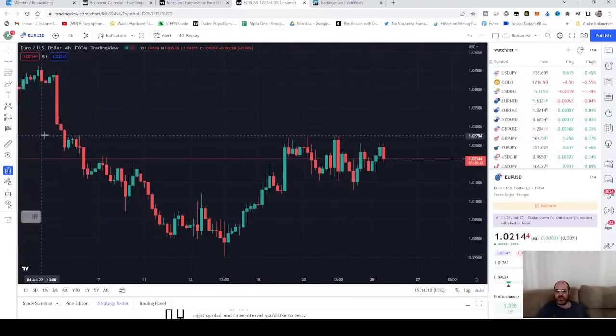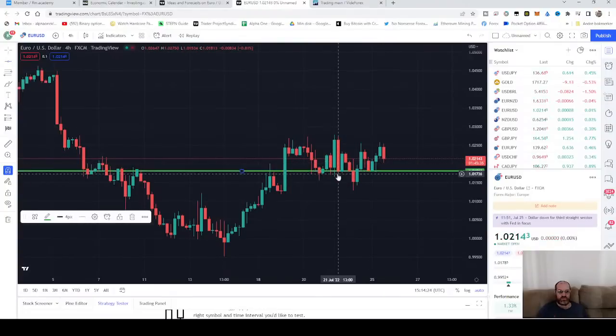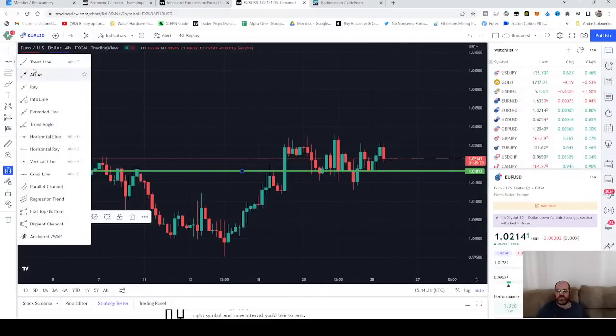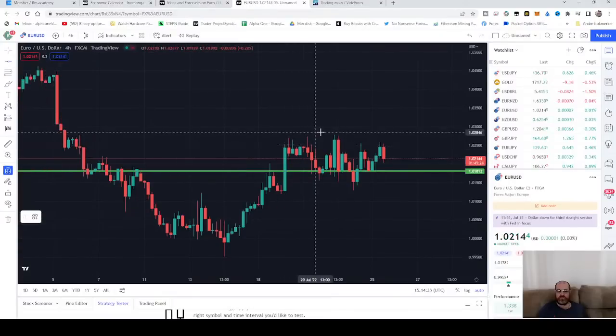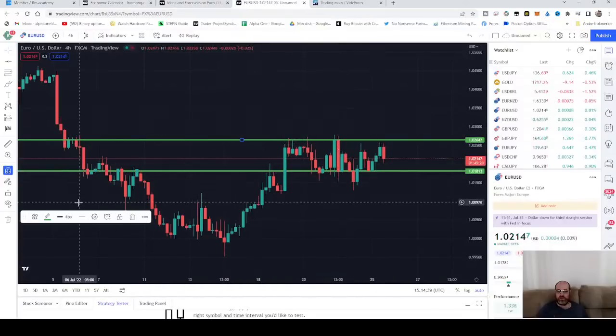Let's start to mark up and see if we can find something to do. I will say this area, and we clearly have a resistance zone up there also, so let's put up that one also. We put it there. Let's make that one a red one.